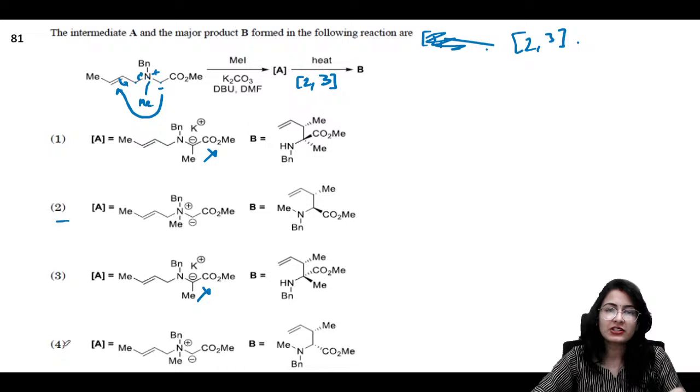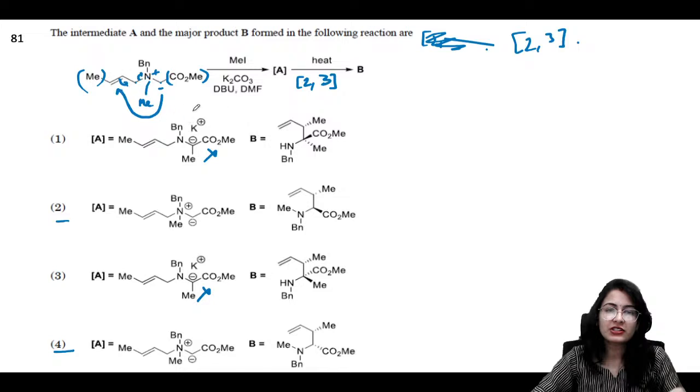Either it is 2 or it is 4. Now, what is the important thing that you have to consider? Stereochemistry. Stereo of these groups. Okay. So, all right. Taking care of these two. This ester and this methyl group are trans to each other in the original molecule.